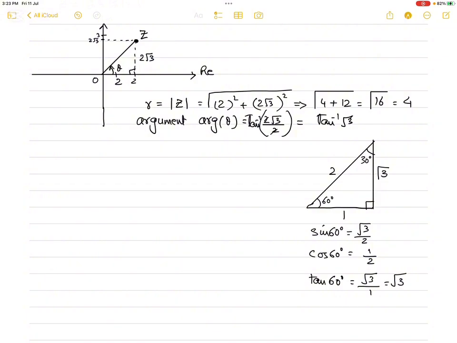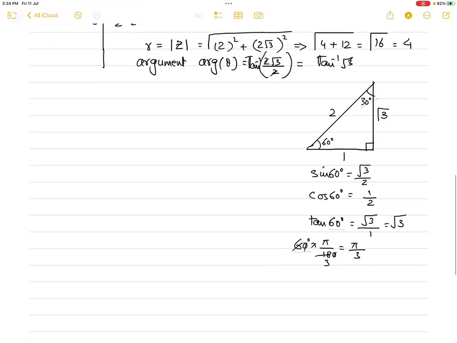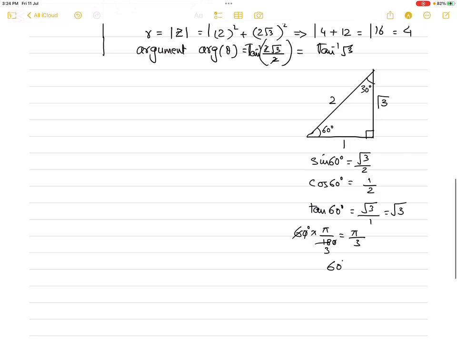And 60 degrees, if I convert it into radians, I have to multiply this with the fraction pi by 180. So I will get pi by 3. So I can write 60 degrees equals pi by 3 radians.